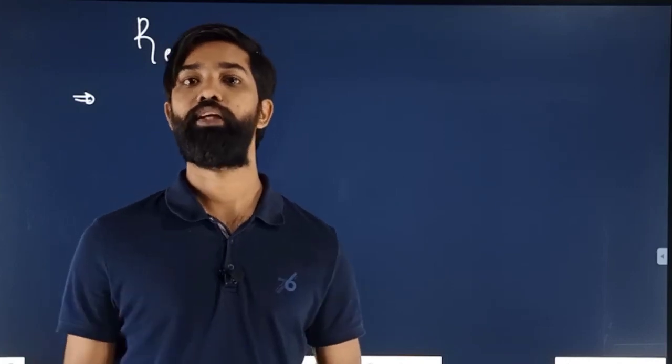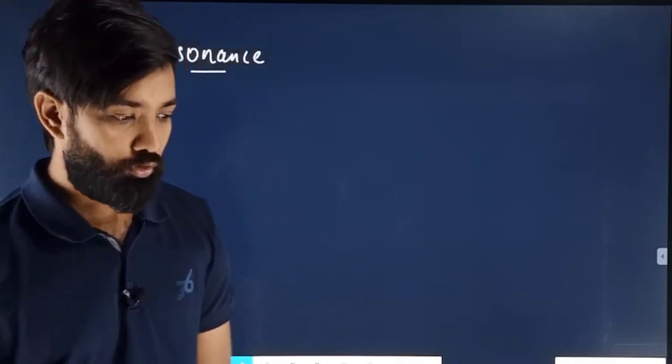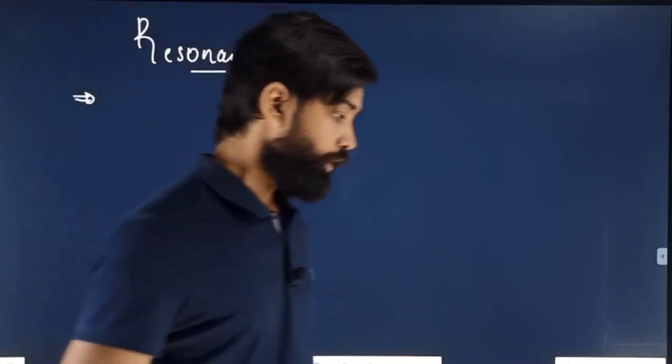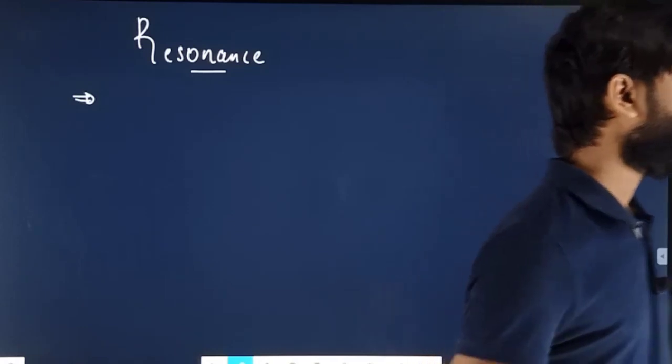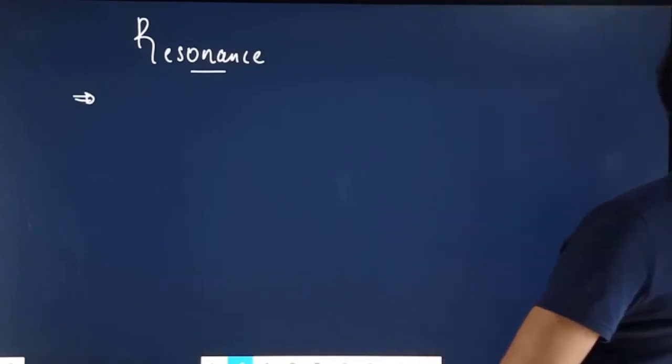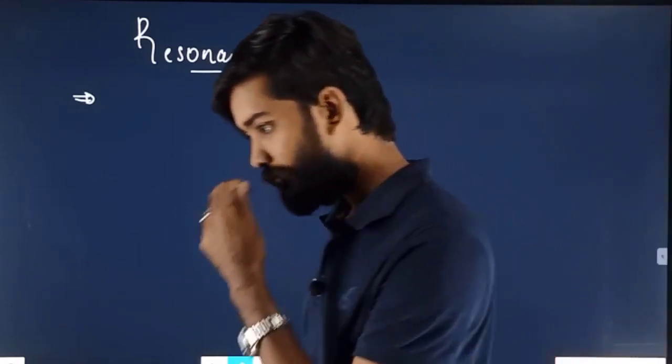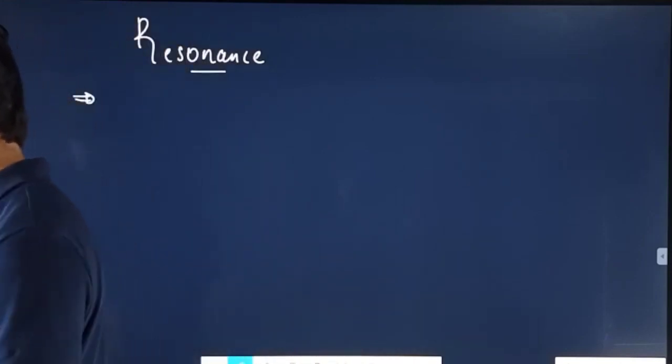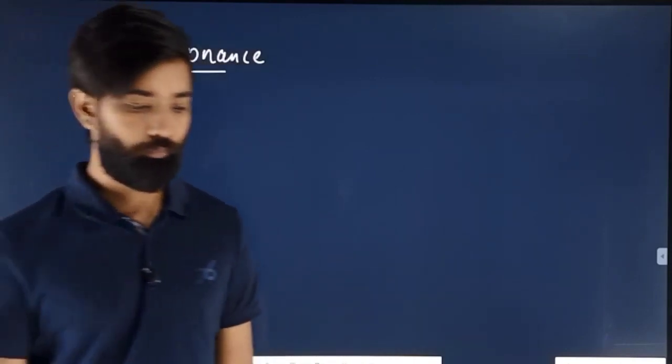So we use more than one Lewis structure, and these Lewis structures are called resonance structures (RS) or canonical structures.